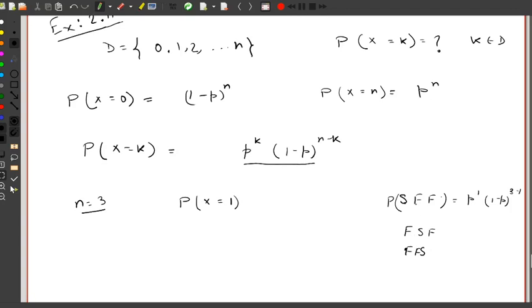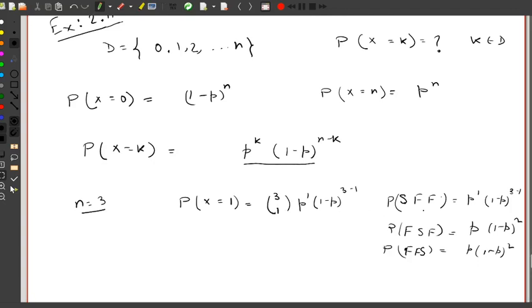For all of these, x takes the value 1. The probabilities are the same for all these arrangements, p into (1 minus p) squared, so I have to multiply it by 3, which is basically 3C1.